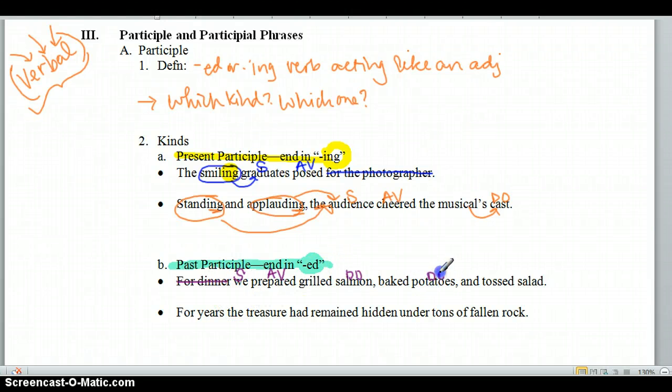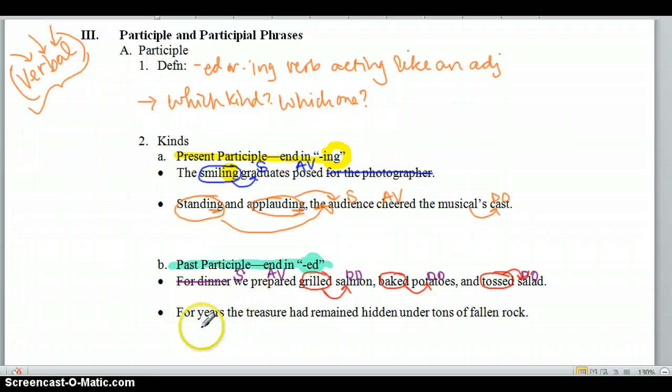Salmon, potatoes, salad, all direct objects. And then when we think about what kind of salmon, grilled, what kind of potatoes, baked, which kind of salad, tossed. Again, grilled, baked, and tossed could be verbs in different situations, but here they tell me more about the noun.